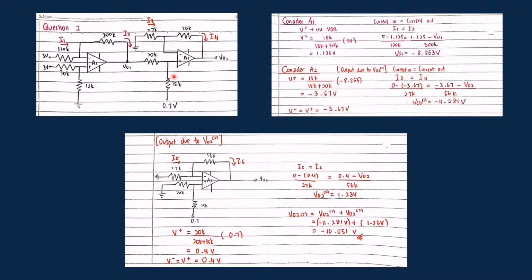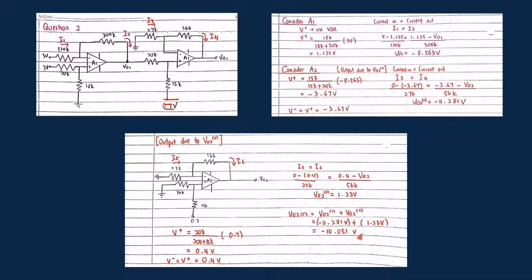So I have to use the superposition theorem, which is to apply one input at a time and determine the corresponding output, and then combine the results. So first of all, I consider the output due to V node 1, which is I ground here. I ground here, and then I calculate all the answers.